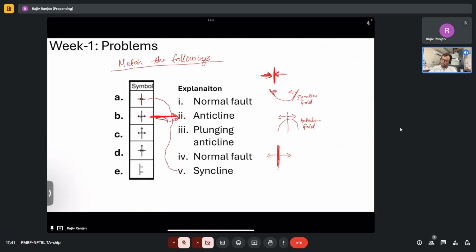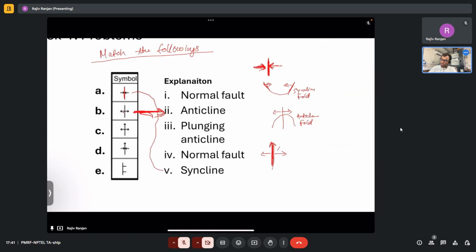And one interesting thing to note here is there is another arrow. Arrow means what? This strike is also dipping. So what happens when there is a fold and the hinge axis is also plunged, right? So this is called a plunging anticline.